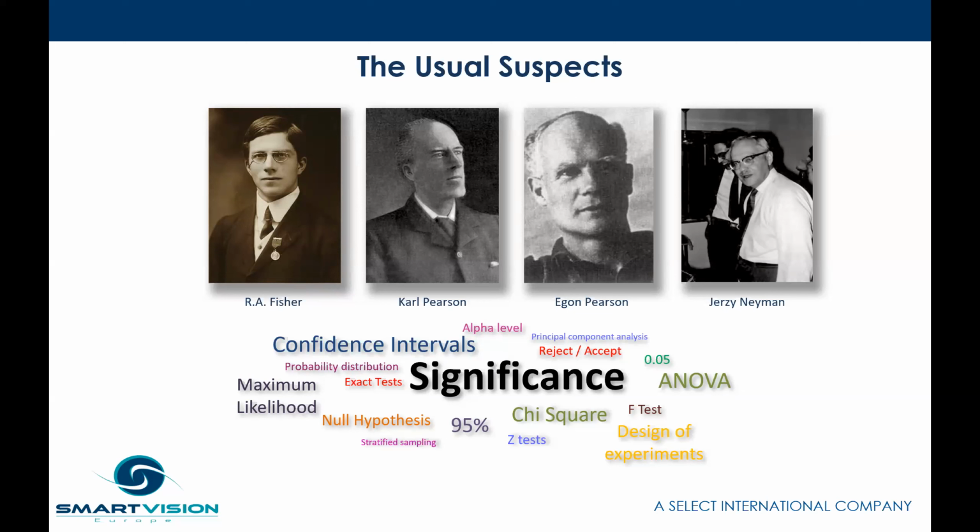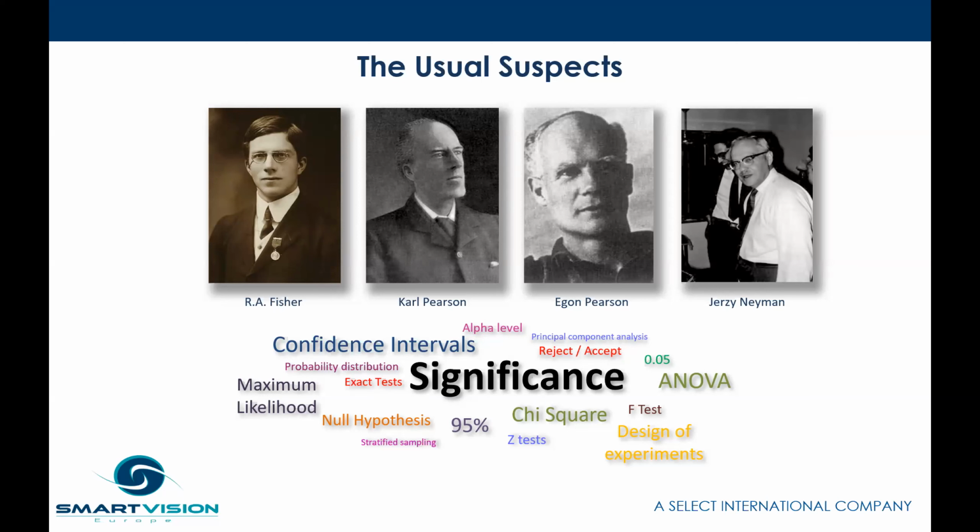So when you hear about Pearson and Neyman, it means those two guys are the next generation up. A relatively small number of people came up with all of these terms and concepts like chi-square and null hypothesis and significance and F-tests and confidence intervals and alpha levels and probability distributions and Z-tests and all this sort of stuff.